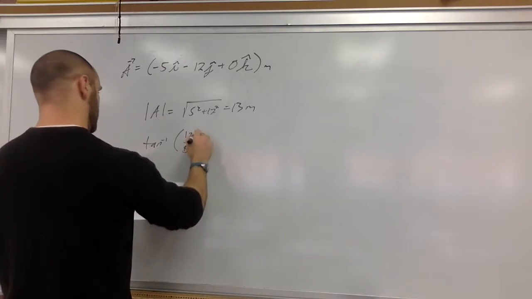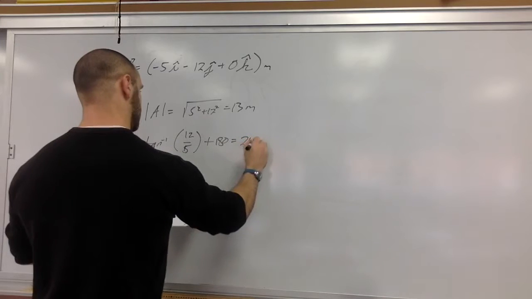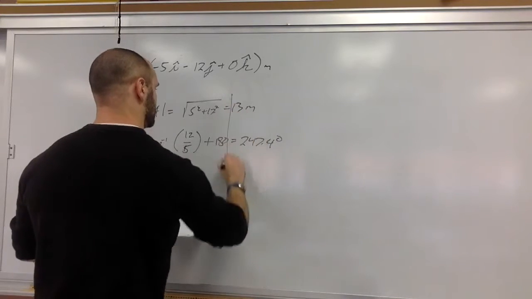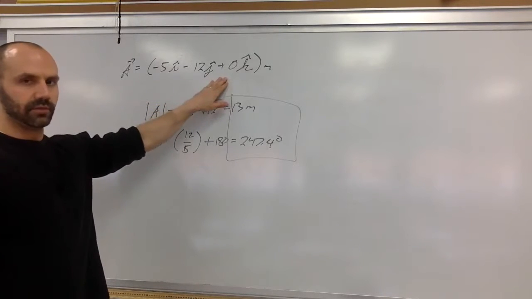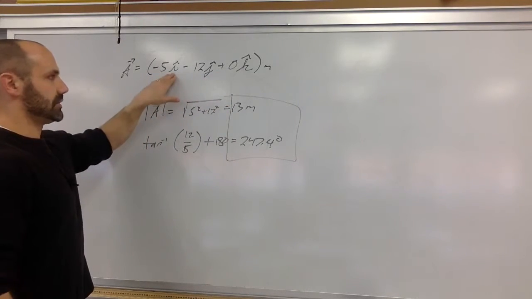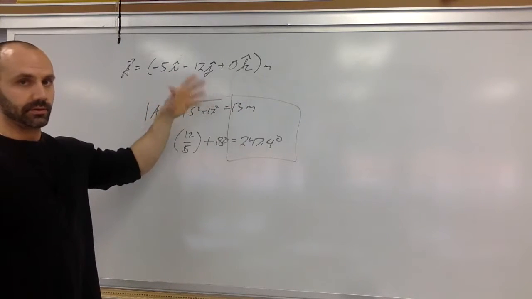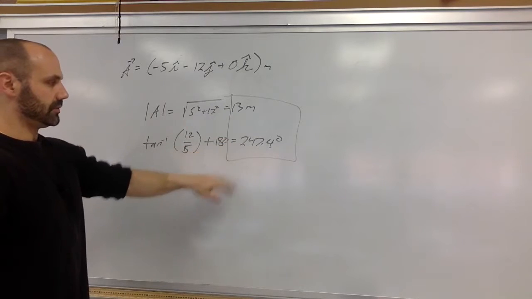And I'm going to add 180 to that, and we'll see why in just a second. Okay. So here's the vector in unit vector notation. Notice what we wrote. This is i, j, k. Sometimes I'll call this i hat, j hat, and k hat because they each look like they're wearing a hat. And we found the magnitude, and we found the direction.